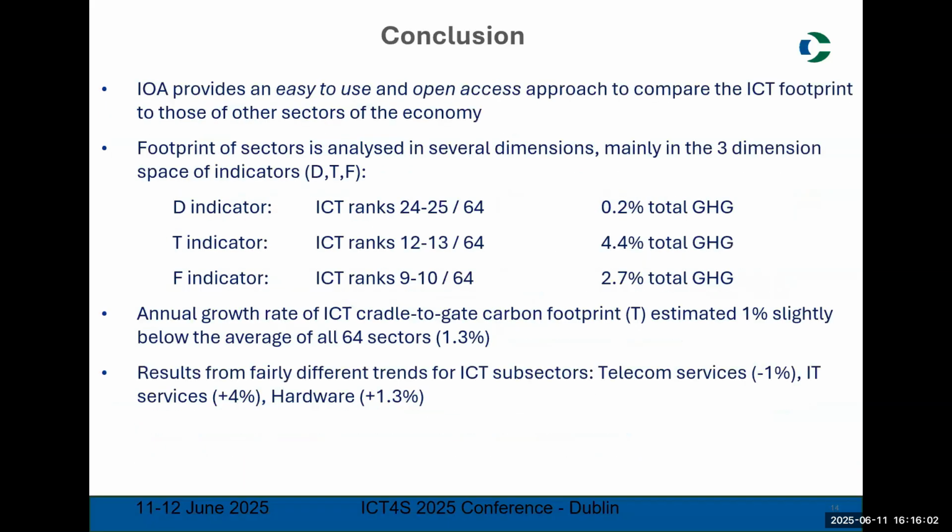Now to conclude this presentation, input-output analysis provides a suitable framework and existing toolkit to compare ICT footprint to those of other sectors and to dig into value chain embodied emissions. There are three main takeaways of this study, looking closely at the ICT subjects.